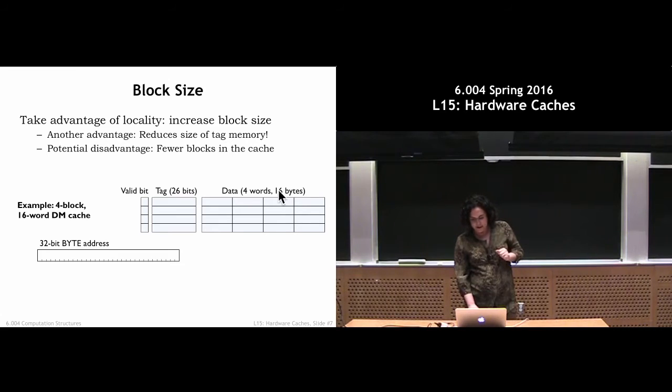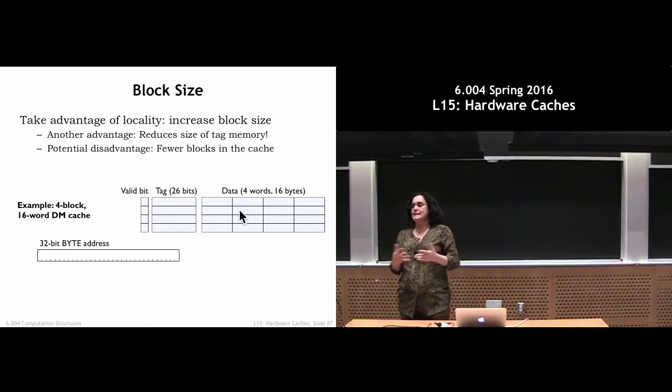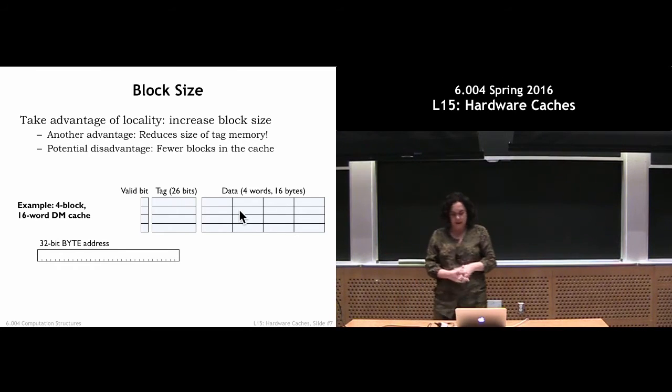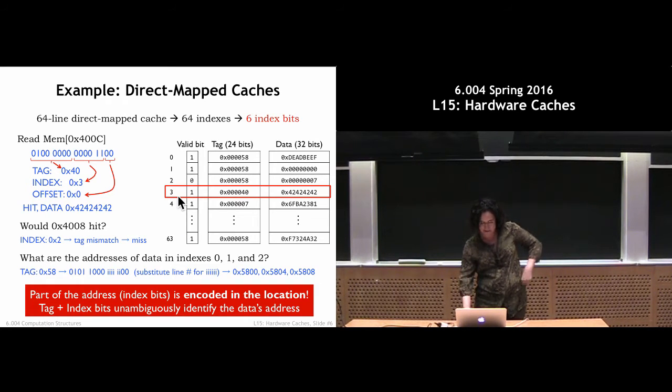There are a few advantages if you take a close look here. The first is the ratio of how many bits you're using for data versus your tag, which is just identifying your address. In the case where I had 1 word, I had 32 bits of data, and then 27 bits of tag. I have to look back at that, this was a different example.